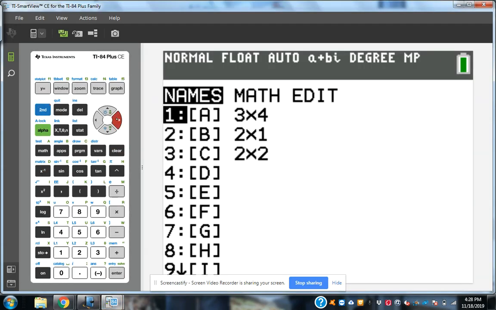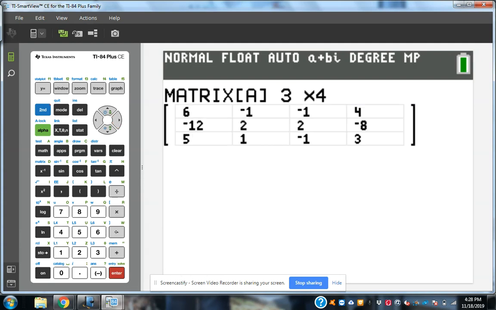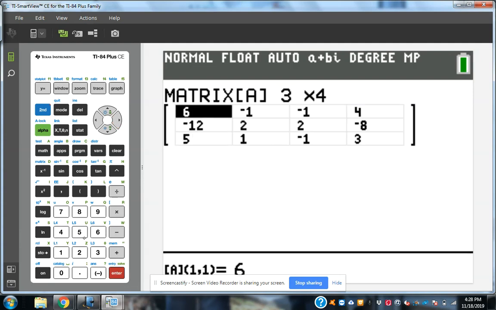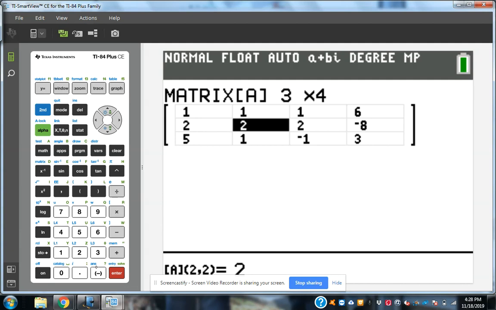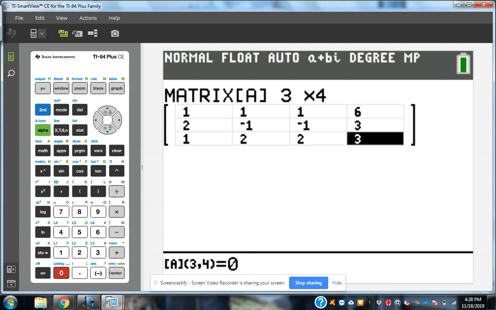Second matrix, edit, 3 by 4. 6, 2, -1, -1, 3, 1, 2, 2, 0.